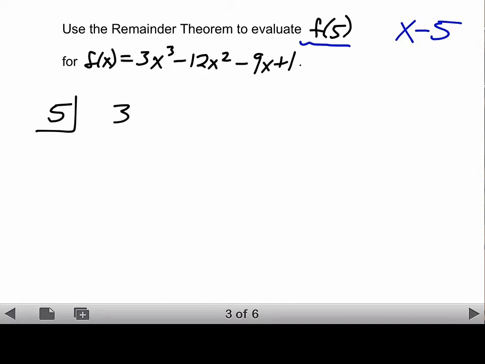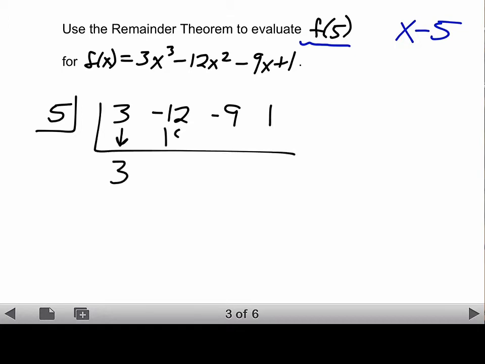The coefficients of this polynomial in descending order, where it's not missing any exponents, are 3, negative 12, negative 9, and 1. That first number comes down, multiply and add.